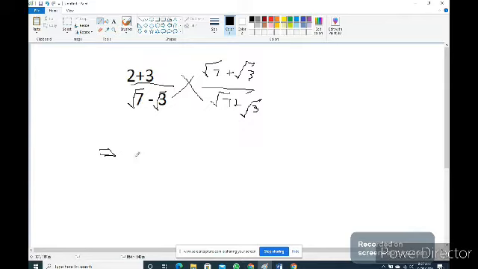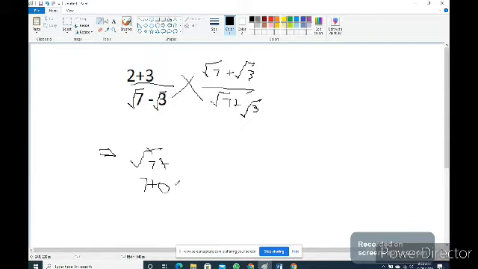Which implies we get root 7 squared. When we cancel the square and the square root, we get 7. Then minus root 3 into plus root 3 is the same number, so it cancels out.